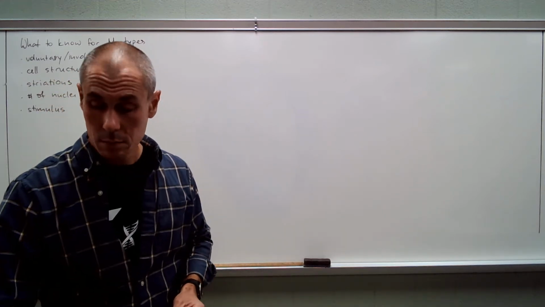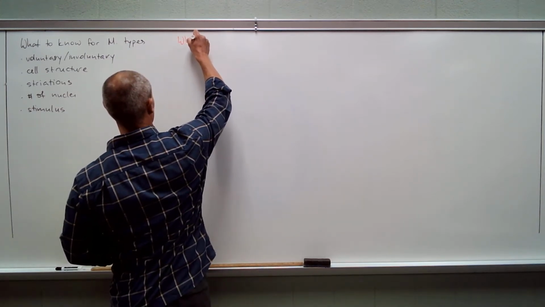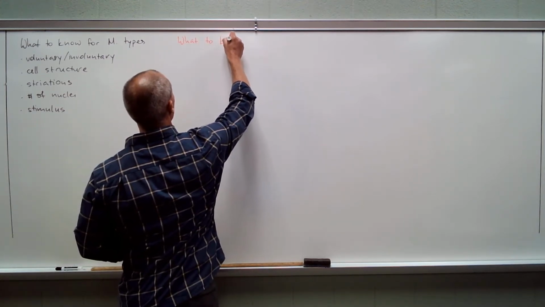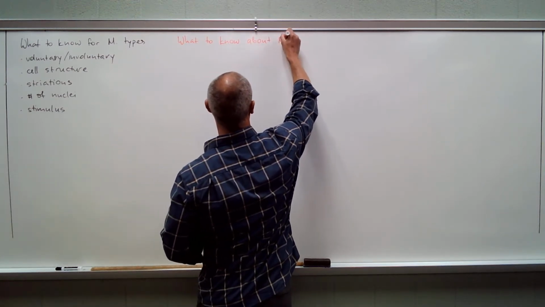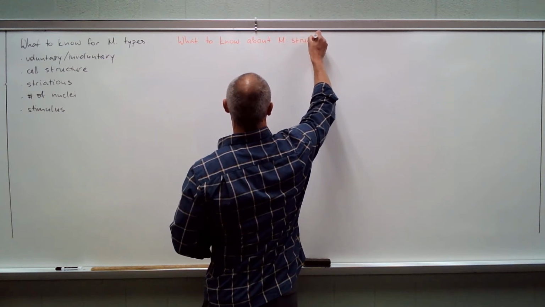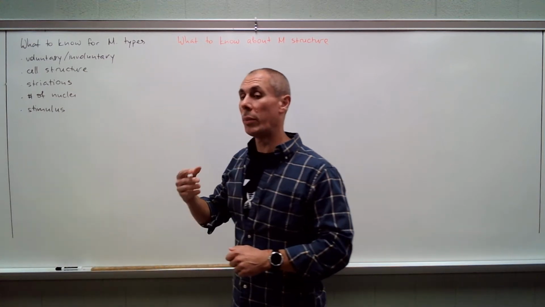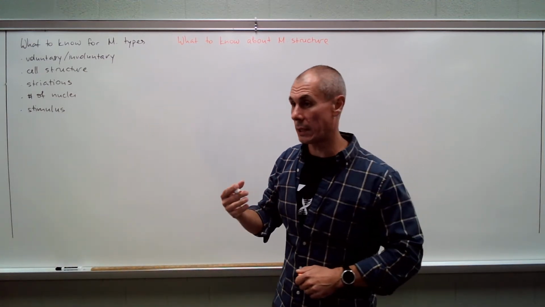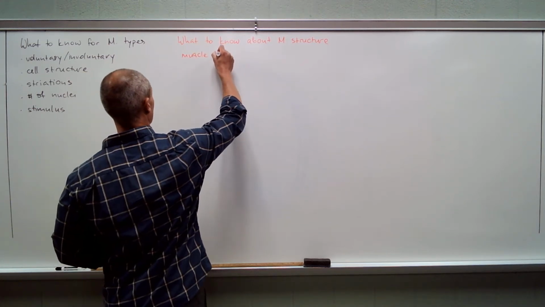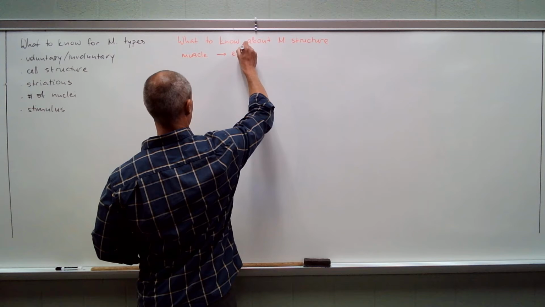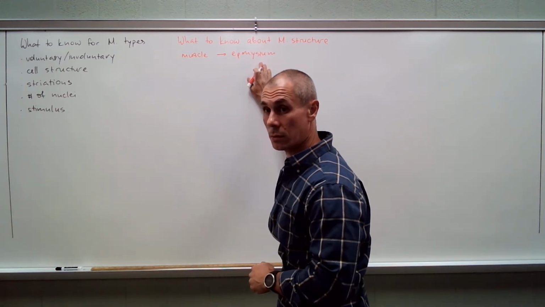Next, what to know about muscle structure. Basically, we're talking about levels of organization. At the level of the whole muscle, it is surrounded by epimysium. That's connective tissue, okay?